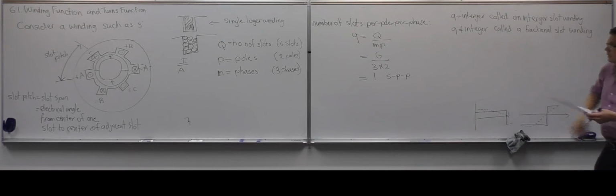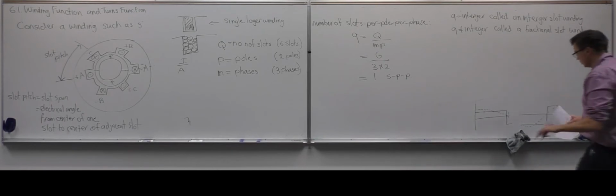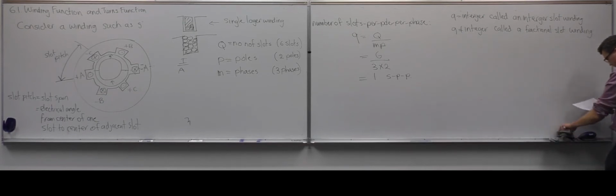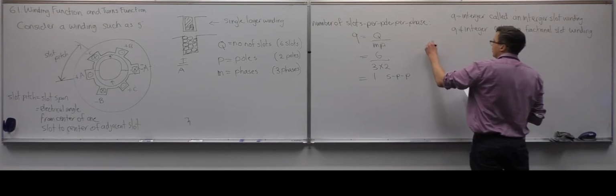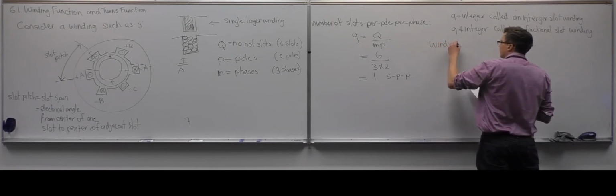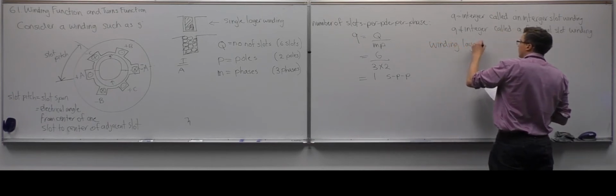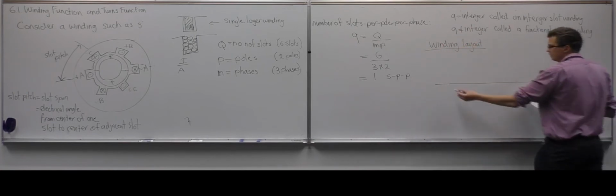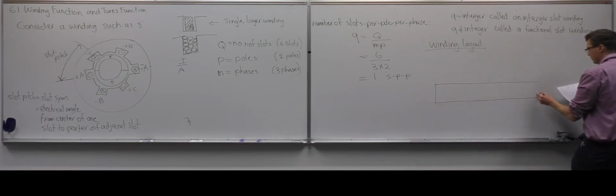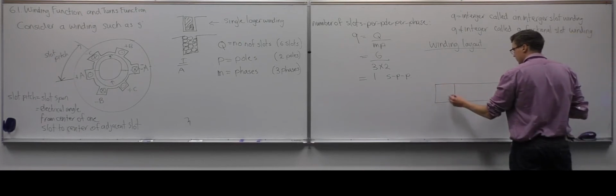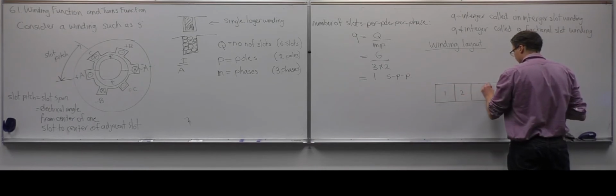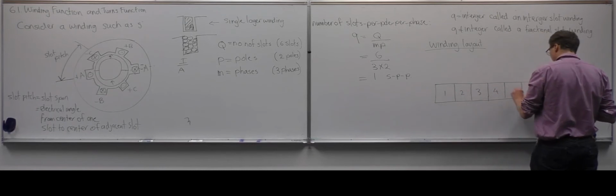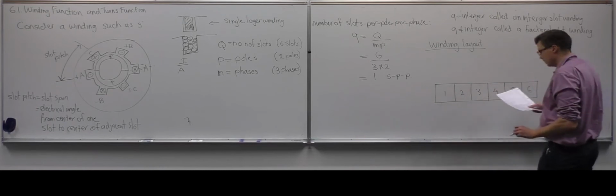Okay, in this winding we could also draw up a winding diagram, a winding layout. In this example we have 6 slots: 1, 2, 3, 4, 5, 6.